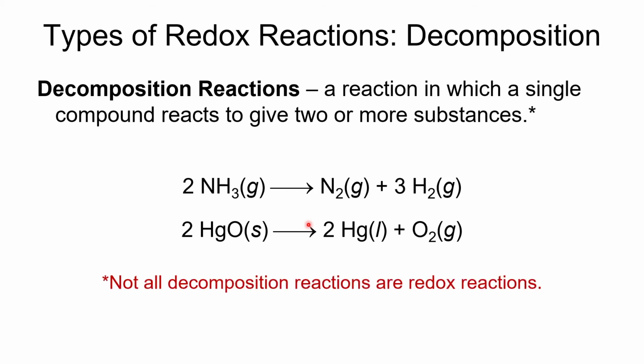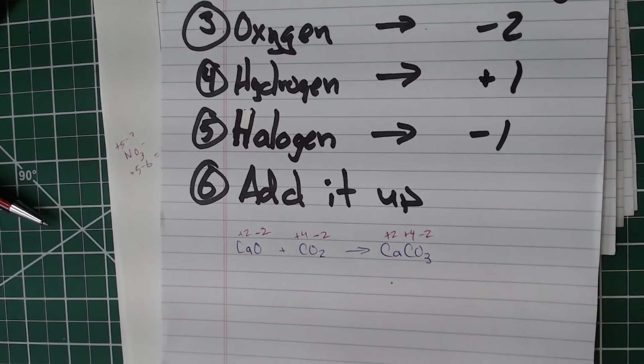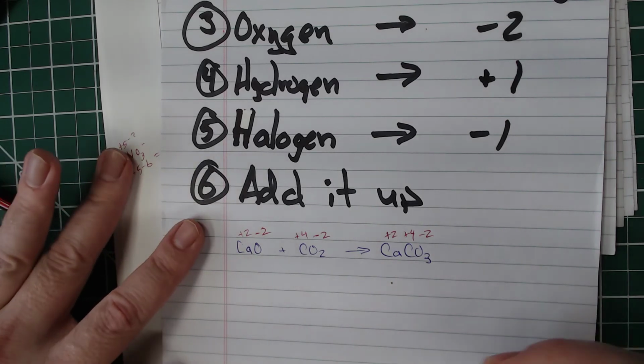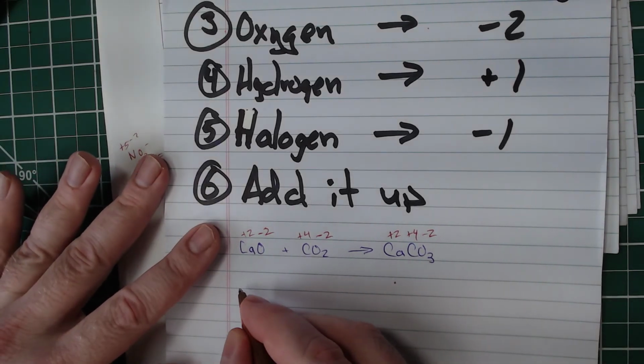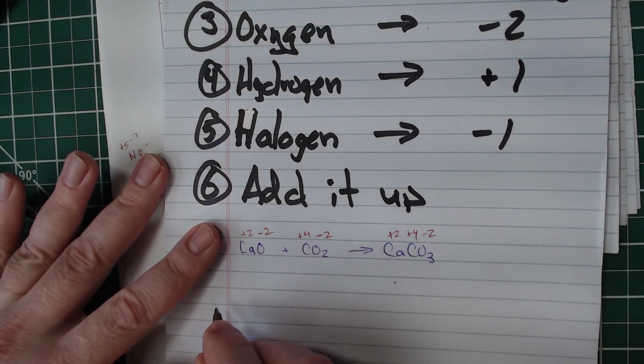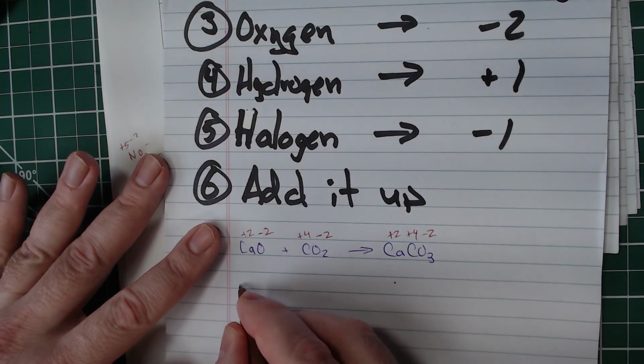All right. And just as a note, just like what we saw, not all decomposition reactions are redox reactions. To illustrate that point, I'm going to pick something that we can look at.